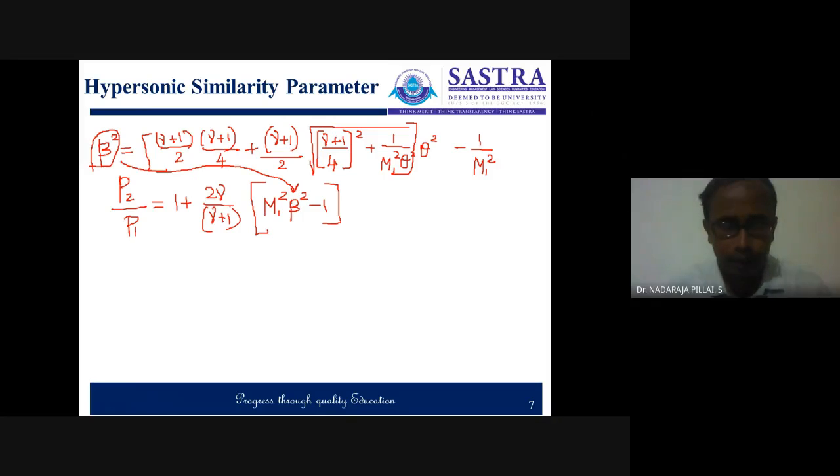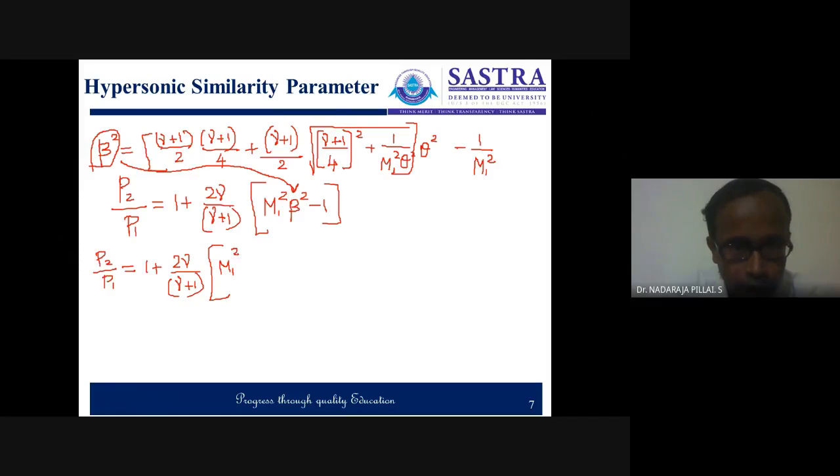Then our equation will become P2 by P1 equal to 1 plus 2 gamma by gamma plus 1 multiplied by m1 square, and beta square will become m1 square into gamma plus 1 square by 8.